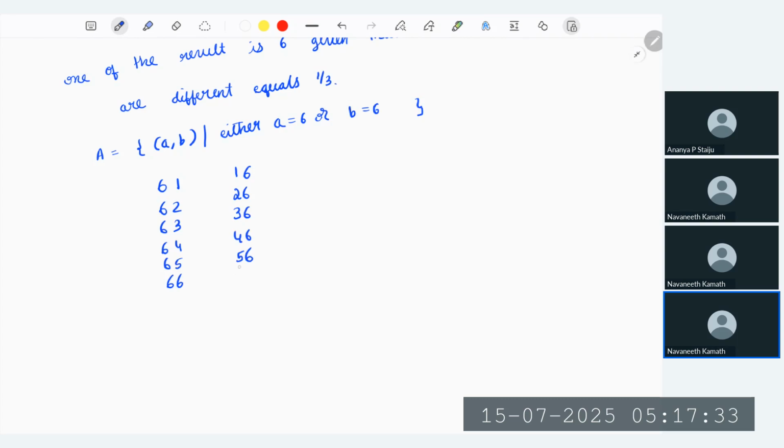Again 6 6 will not come because it is already considered. It is one outcome, not two outcomes. So in total it is 11 possibilities. So the number of values in A is equal to 11. Now B is the pair such that A is not equal to B. How many possibilities are there like this, with the condition A is not equal to B?